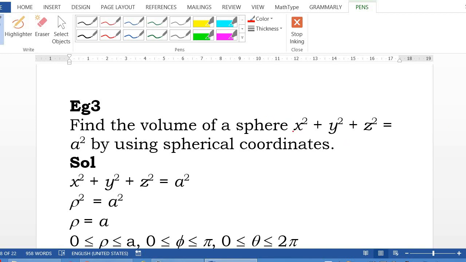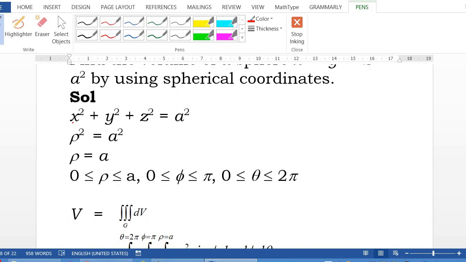The same problem, the same sphere, x squared plus y squared plus z squared equal to a squared, using spherical coordinates. Note that x squared plus y squared plus z squared is actually rho squared. So rho squared equals a squared, so rho equals a. So rho is from 0 to a. This is your sphere.